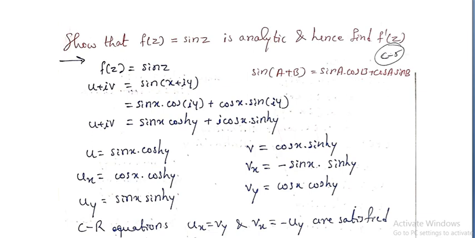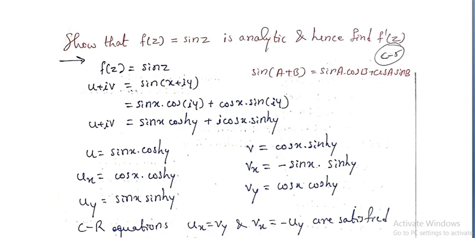So differentiation of sin x is cos x, cos hyperbolic y as it is. u with respect to y: cos hyperbolic y is sin hyperbolic y, sin x is constant. And v with respect to x: cos x is minus sin x, sin hyperbolic y, and v_y: cos x, sin hyperbolic y is cos hyperbolic y.